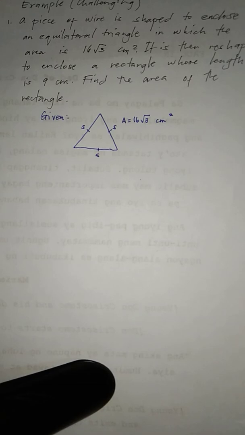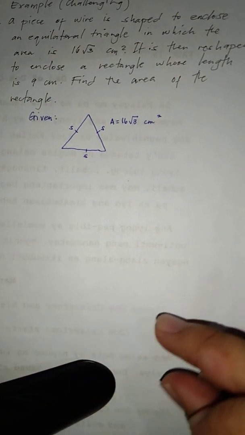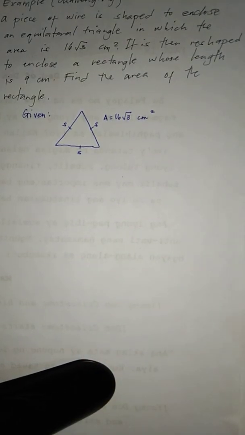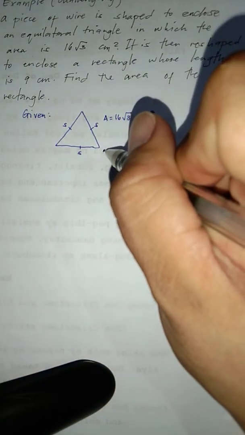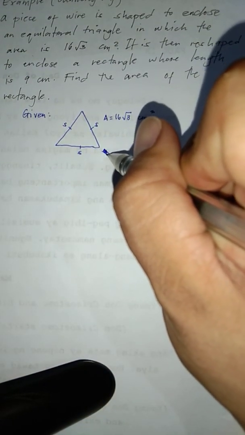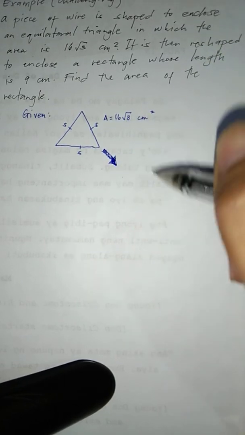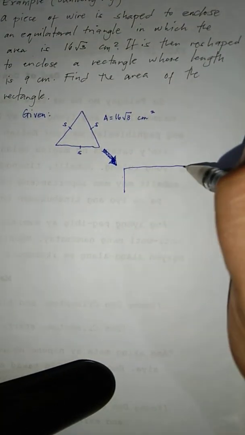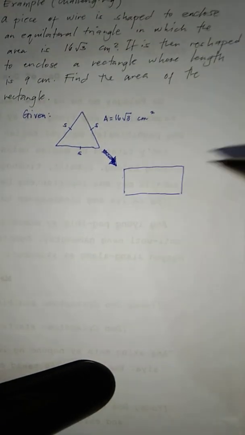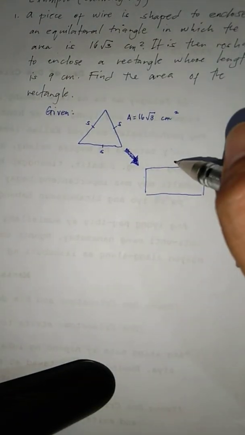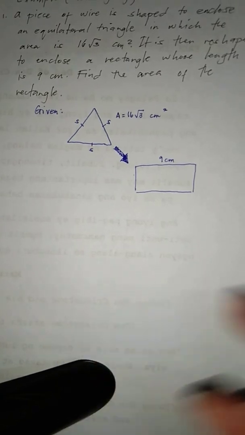Next, it is then reshaped to enclose a rectangle whose length is 9 centimeters. So let's draw an arrow to indicate a transformation from this triangle into this rectangle, whose length is 9 centimeters.